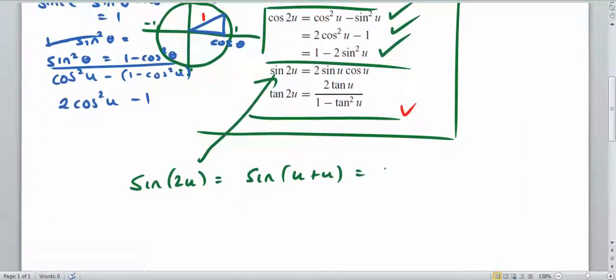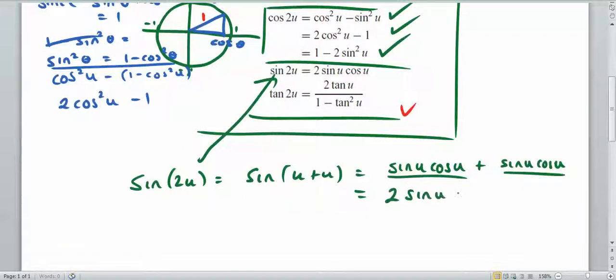Okay, well, look, that's going to be sine of u cos of u plus sine of u cos of u. So let's collect these like terms. We've got sine of u and cos of u, and we've got 2 of them, so we've got 2 sine of u cos of u. Well, there you go, that's that one done.